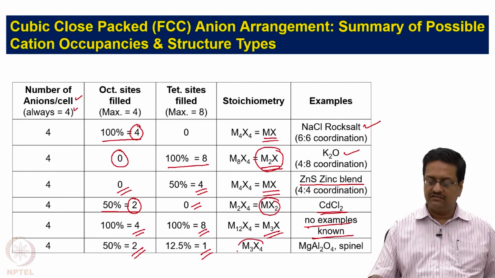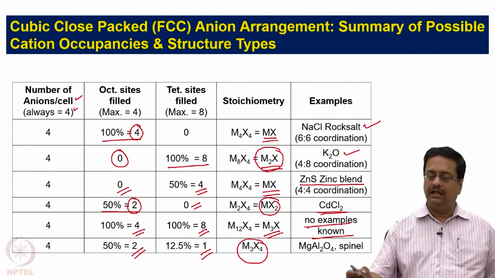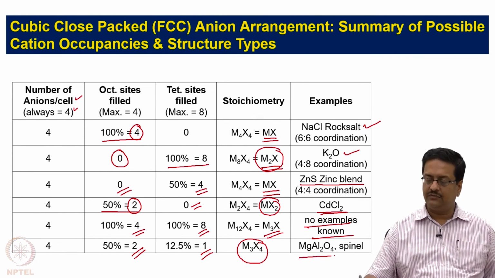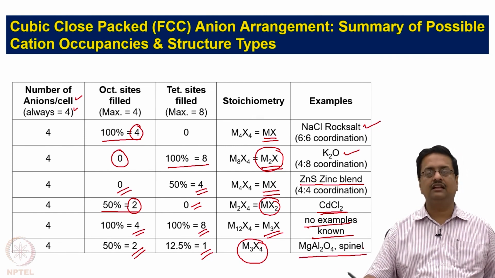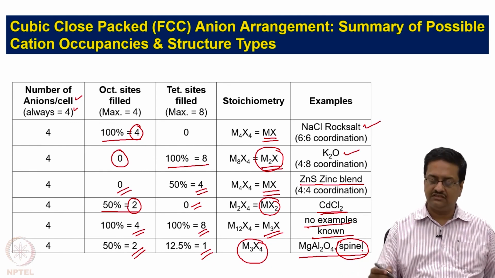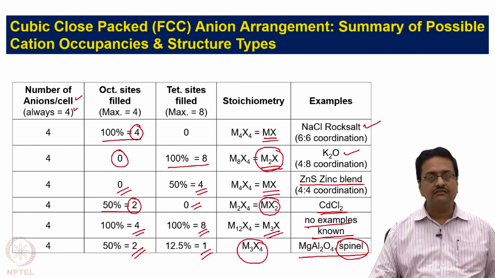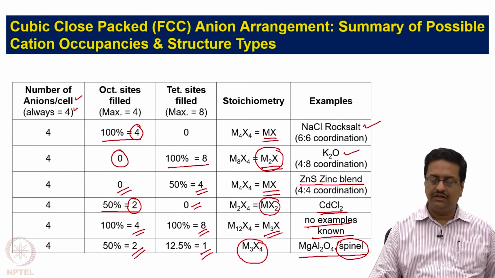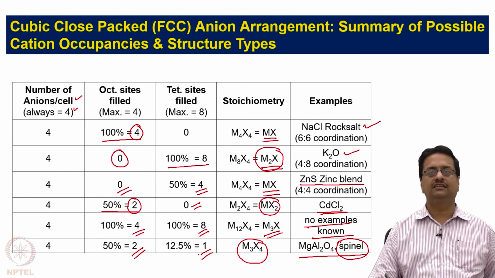The formula turns out to be M3X4, and there is one structural type called spinels, which we will discuss in the next class. MgAl2O4 corresponds to a spinel structure where a part of the octahedral sites are filled and a very small portion of the tetrahedral sites are filled.